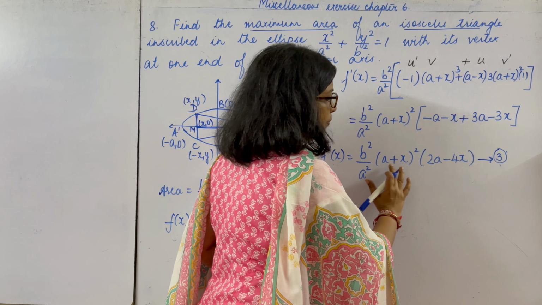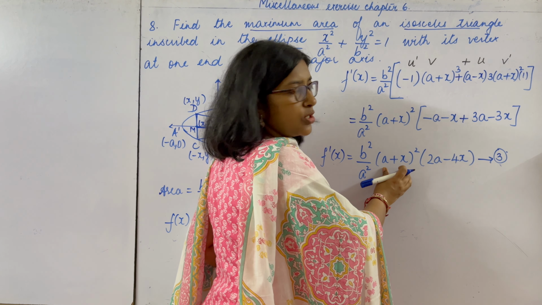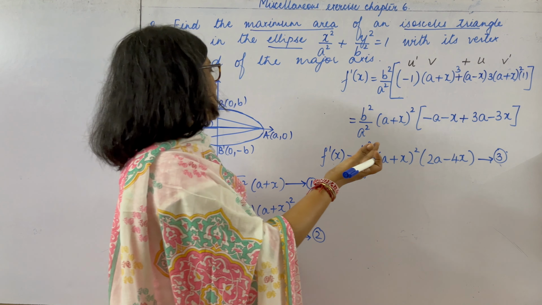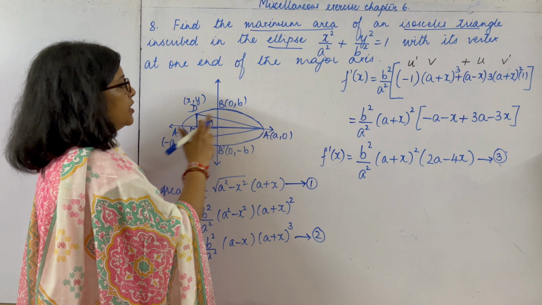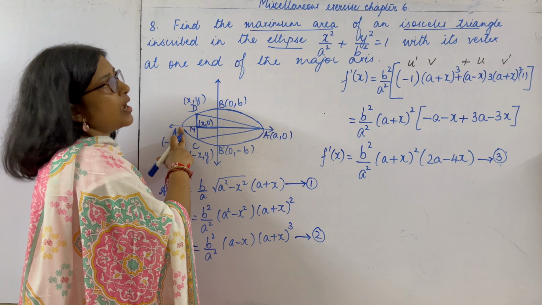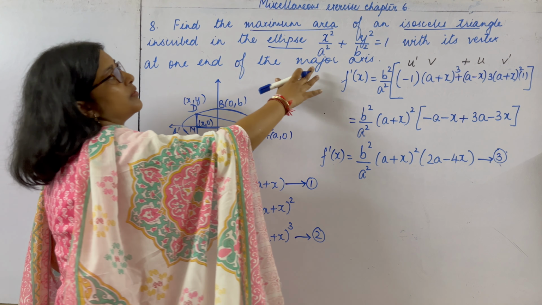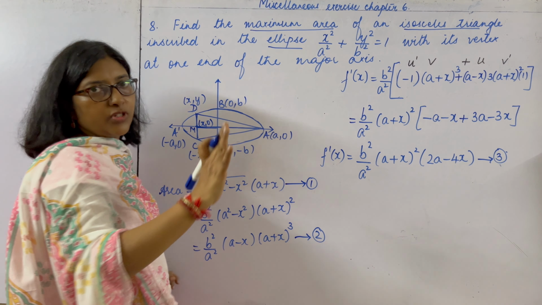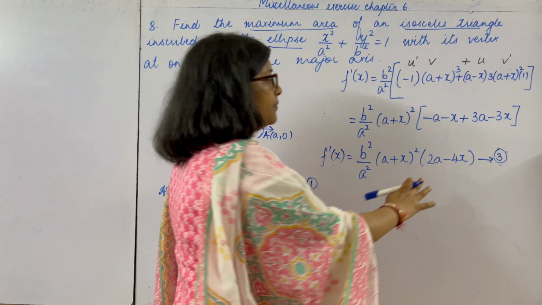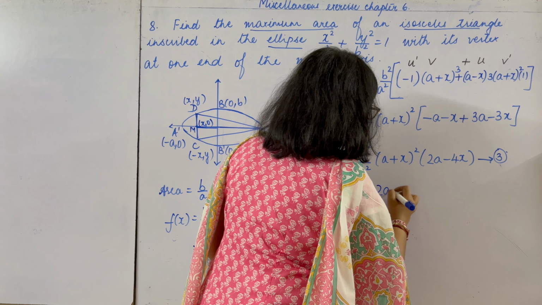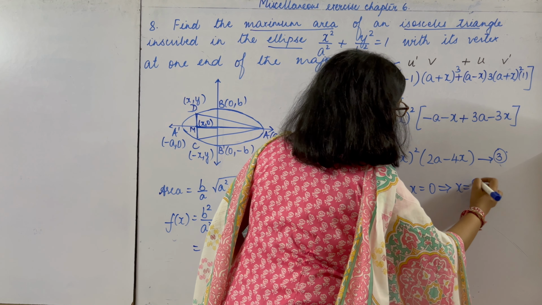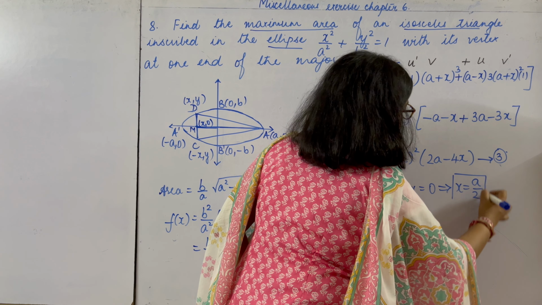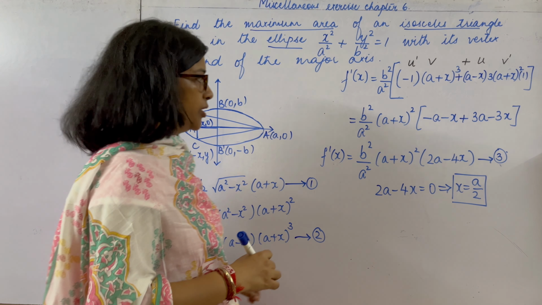Equating this to 0, the first thing is x is equal to minus a, which is not possible, because if it is minus a, then we have 2 vertices as the vertices of the major axis, which is not possible. So that won't come. Going to the other one, 2a minus 4x is 0, and so our x value is a by 2. This is our critical point.